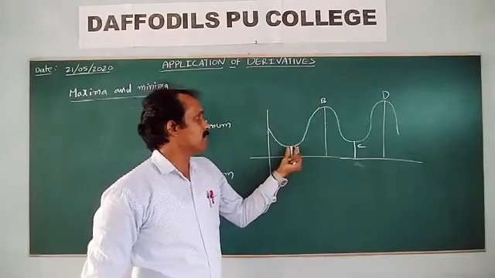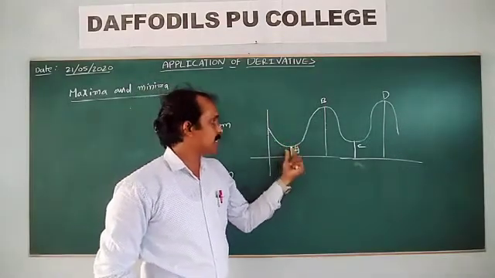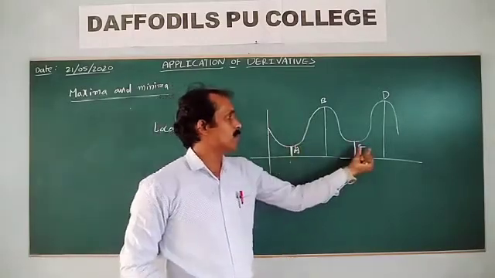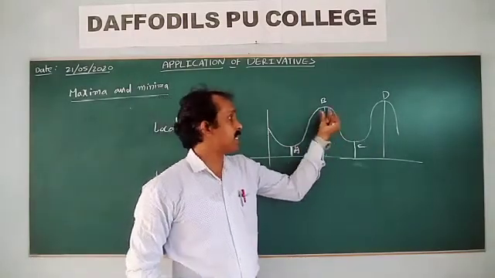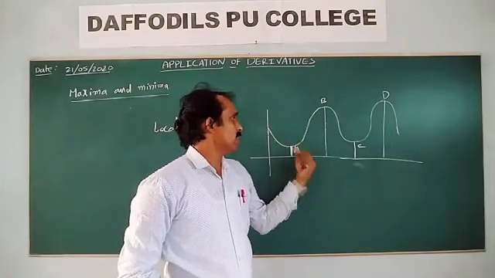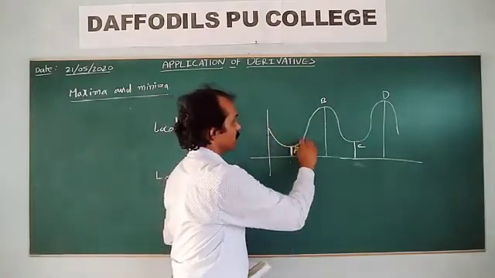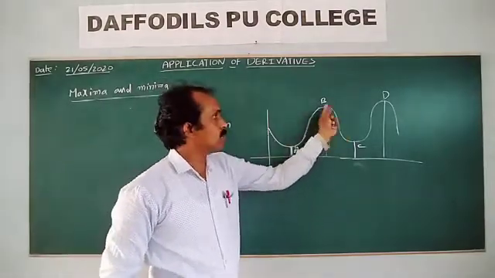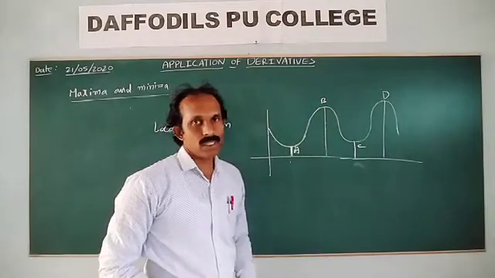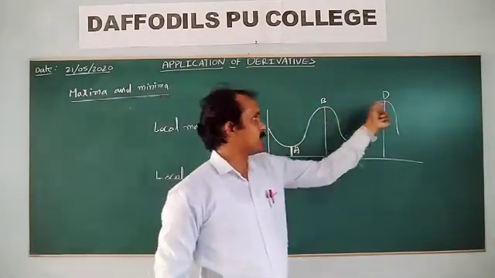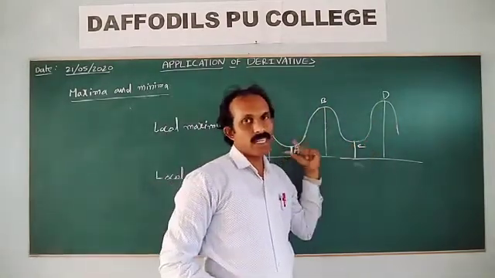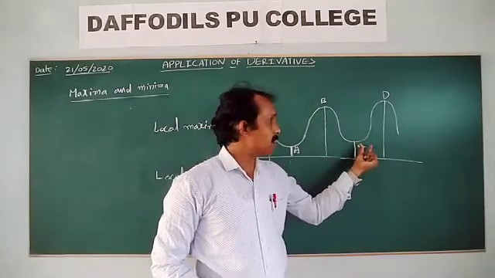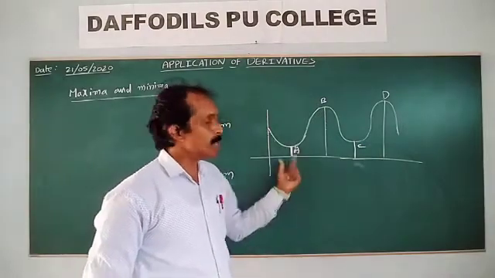Here, for some neighborhood points, there is a minimum value, which is called a local minimum value, at A and C. These are like valleys, and these are some hills. So here, for some neighborhood points, these are the local maximum values at B and D, and at A and C, for some neighborhood points, these are called local minimum values.